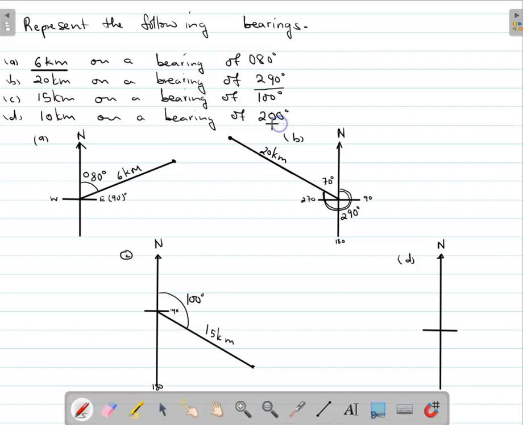200 degrees, this is 90, this is 180. So where is 200 degrees? 200 degrees, obviously it is beyond 180 but less than 270. So we expect it to be something like there. Forgive my line.